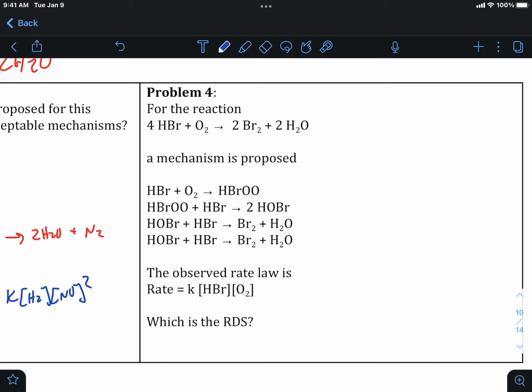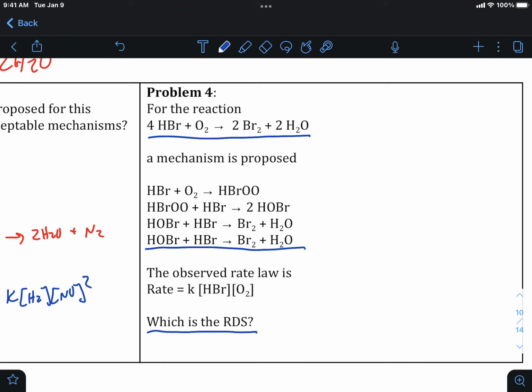So here we have an overall reaction, and we have a mechanism, a 4-step mechanism proposed. The observed rate law is provided. Which is the rate determining step? There's 4 elementary steps. One of them is the basis for the rate law. What you have to do is find the step where the reactants in the rate law and the coefficients match the reactants in the elementary step.